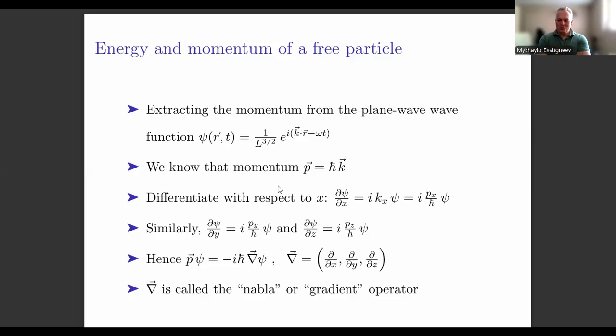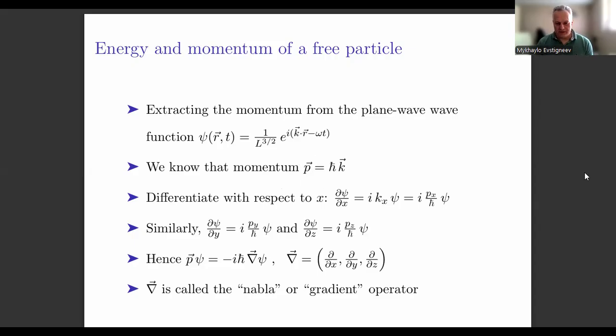So momentum is Planck's constant h divided by the wavelength. Now the wave number is 2 pi divided by lambda, and Planck's constant h divided by 2 pi is h bar, reduced Planck's constant. So the magnitude of momentum is reduced Planck's constant times the magnitude of the wave vector, and the direction of the momentum vector is the same as the direction of the wave vector k. Hence this formula.